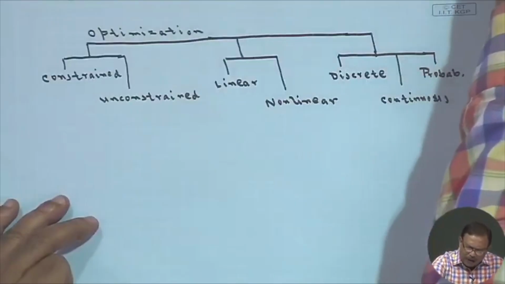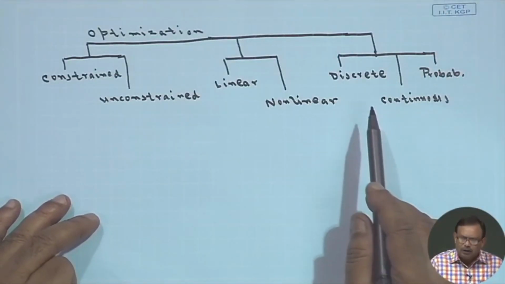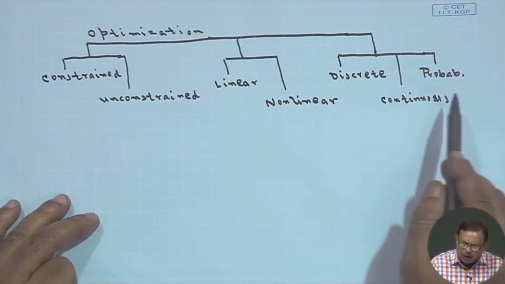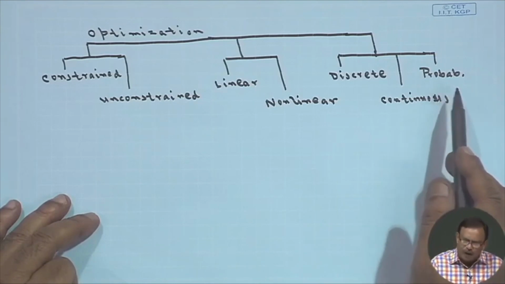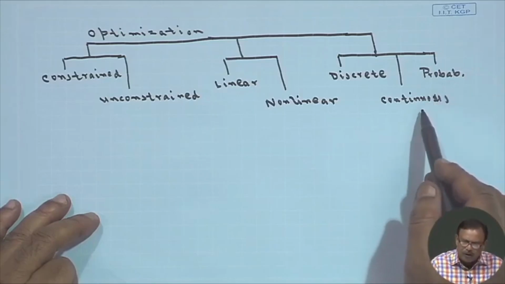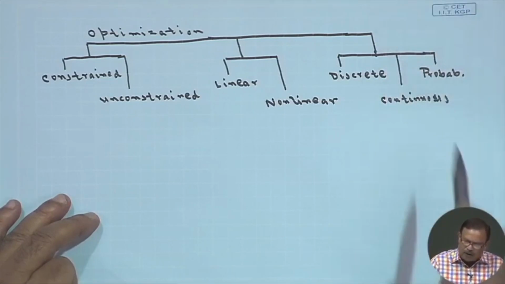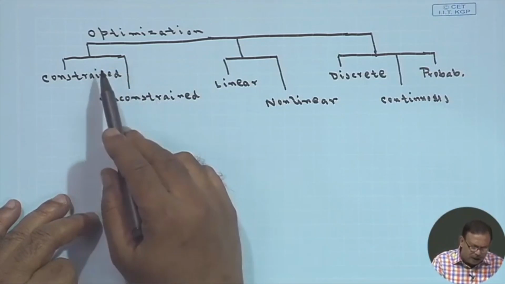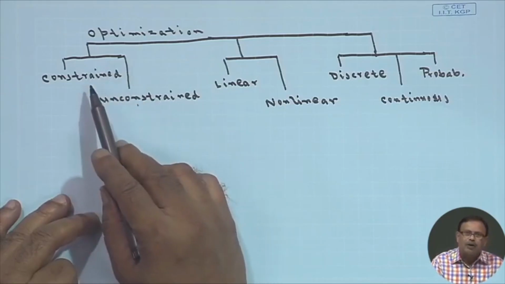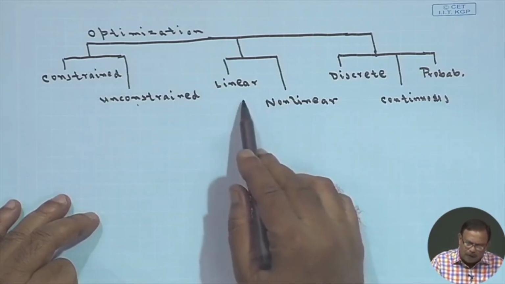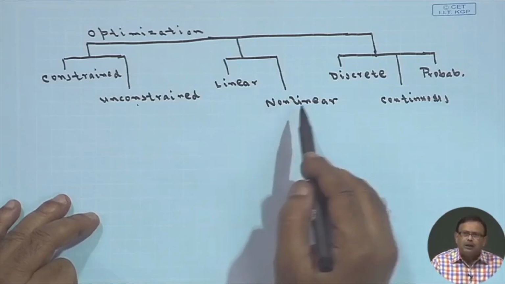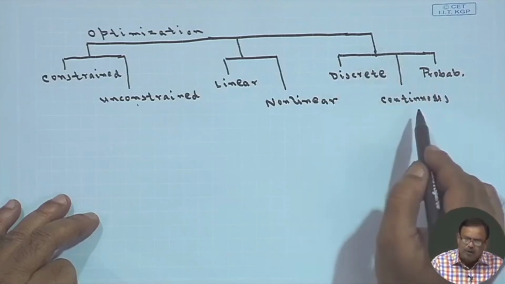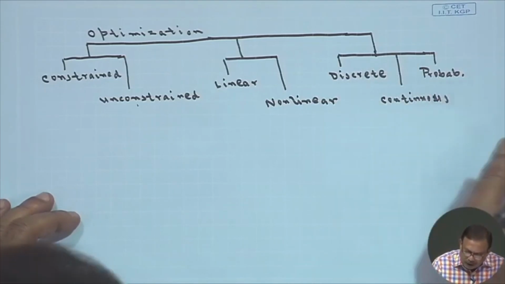They may be discrete values, they can take continuous values, that is any value on the real line, or the values may be probabilistic. If it is probabilistic, then we have to convert it into the corresponding continuous cases. So optimization can be unconstrained or constrained, the problem may be linear or non-linear, and the decision variables may be discrete, continuous or probabilistic.